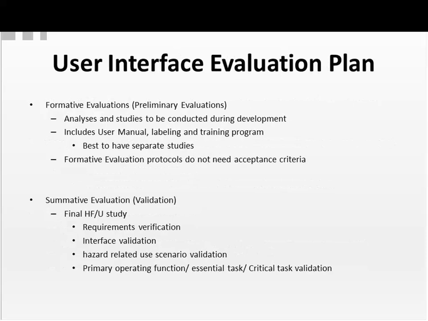How are we going to evaluate the safety and effectiveness of the user interface? Well, we have the formative evaluations or the preliminary evaluations. And these are analyses and studies conducted during development. It should include the user manual, the labeling and training program. Evaluations of these should be done early in the program, and as the user manual and training gets more detailed, evaluations updated.